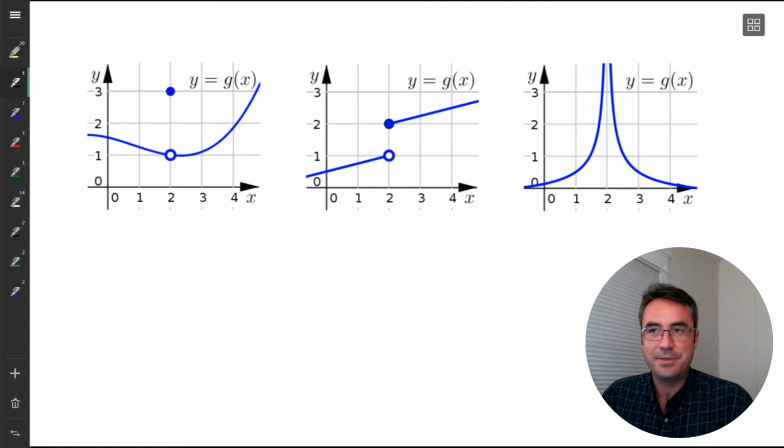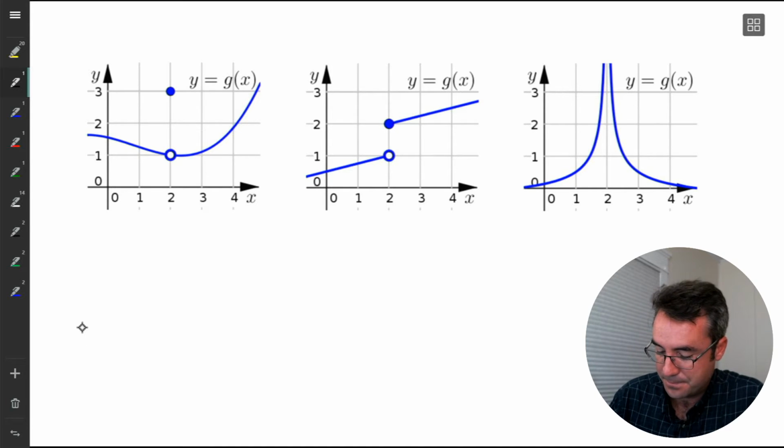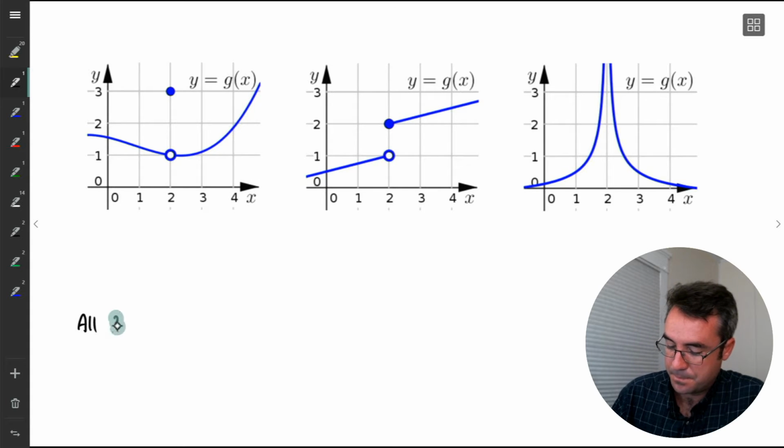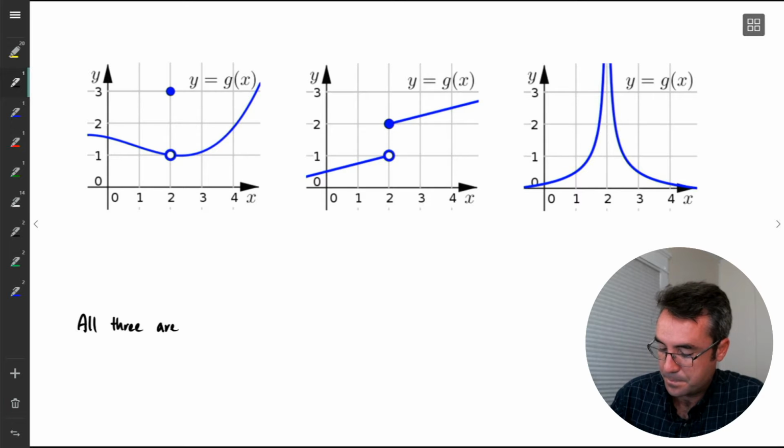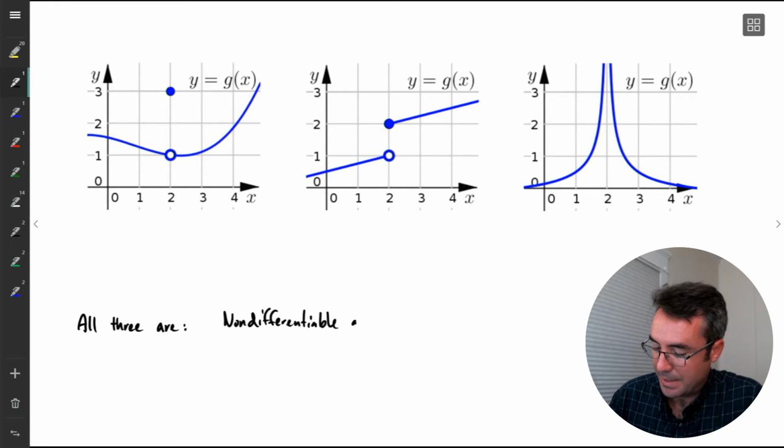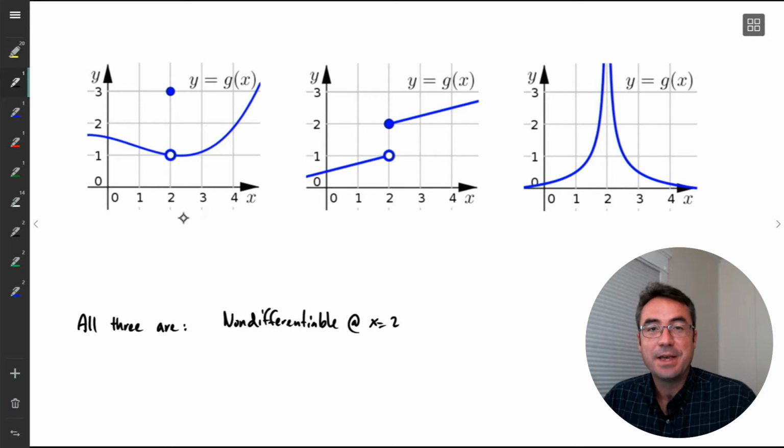Now here, these three graphs are functions that are non-differentiable at x equals 2. So these are all non-differentiable at x equals 2, and in each of these, they're discontinuous at x equals 2 as well.